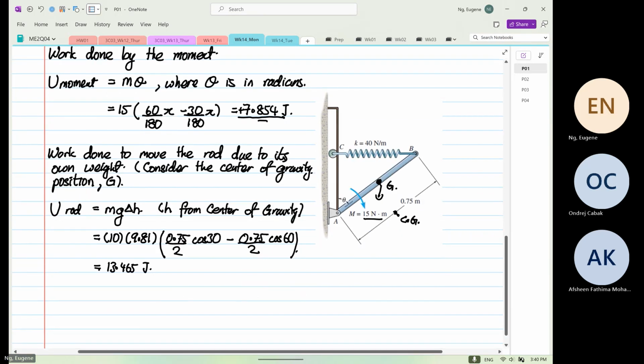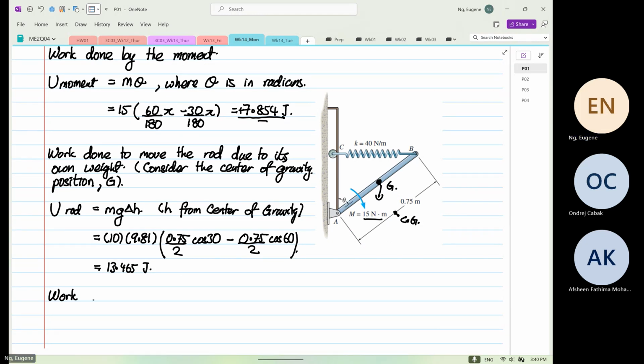Okay. So from here, we are going to look at the work done by the external spring or extended spring. Now the spring is going to cause a resistance to the weight dropping of the rod and the moment. Agree or disagree?